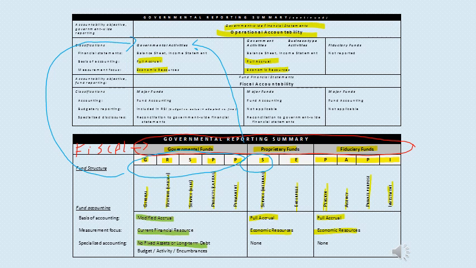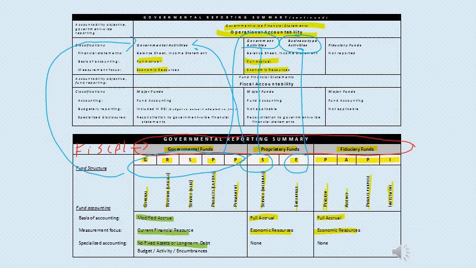Now, when we get to our enterprise funds, let's go ahead and circle those, and the enterprise funds show up in the business type activity column here at the government-wide level. And so we report information in our governmental activities, and I'm not sure why this slide mentions governmental activities twice. We only show them once on our statements, and the internal service fund would go with the governmental activities here.